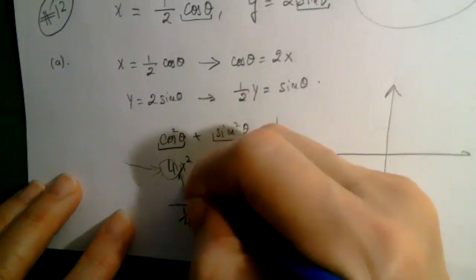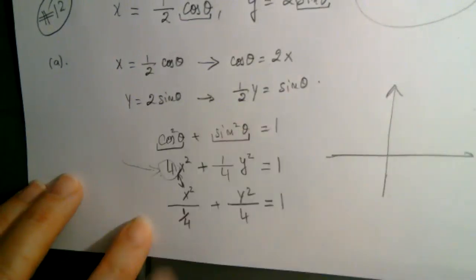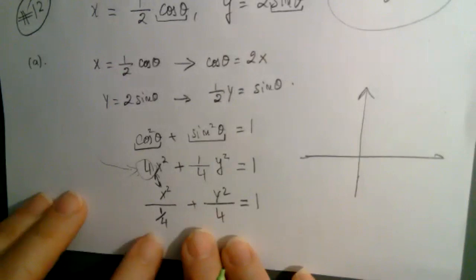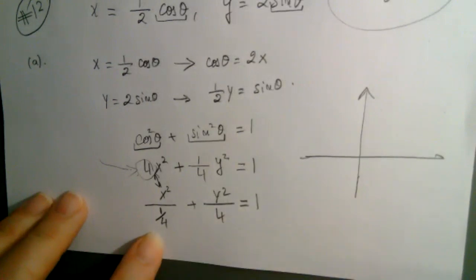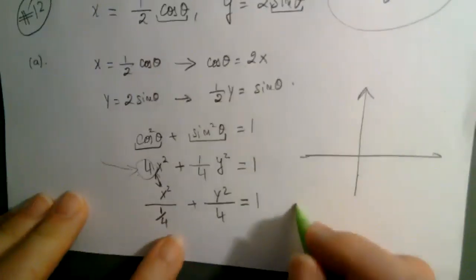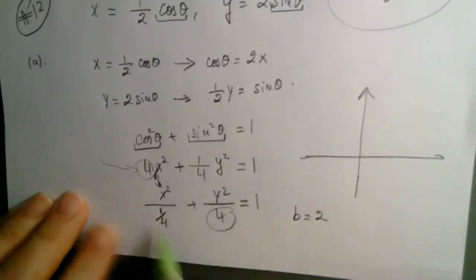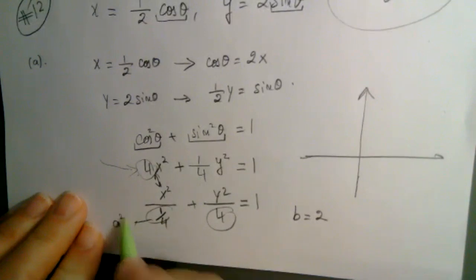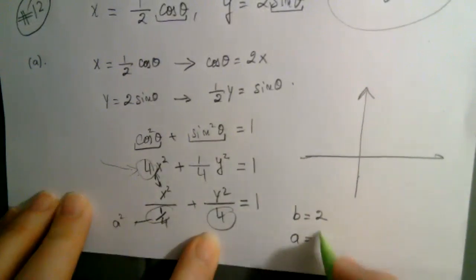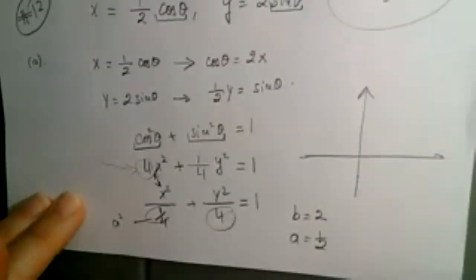I'm not changing anything. Now I wrote it in the format for a standard ellipse. So in this scenario, my b will be a 2. That's the b squared, and this is the a squared. It means my a is a half.